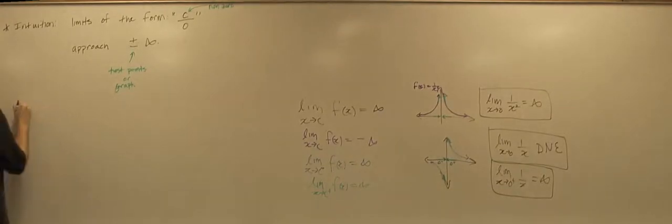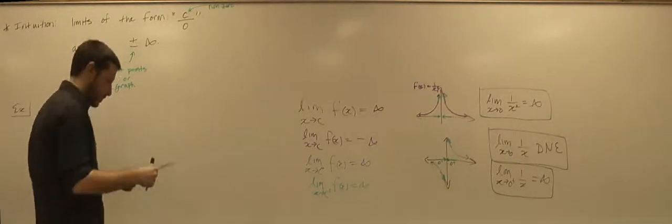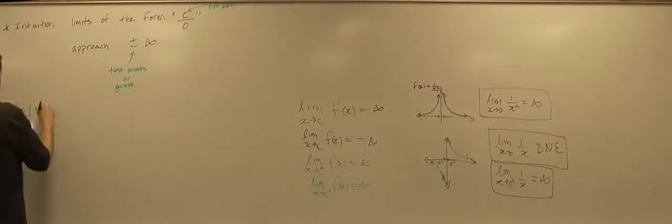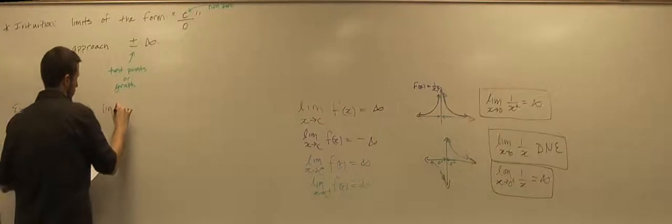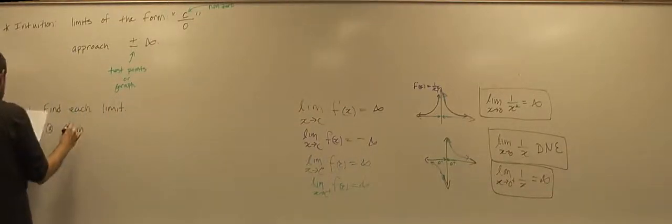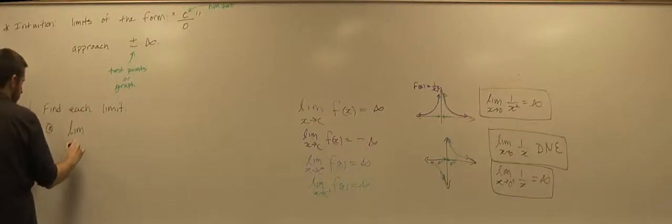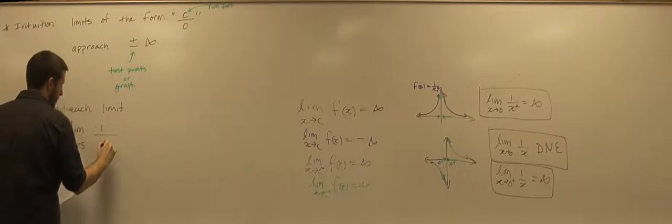All right, so let's do some examples. Let's do the limit as x goes to 5 of 1 over x minus 5.